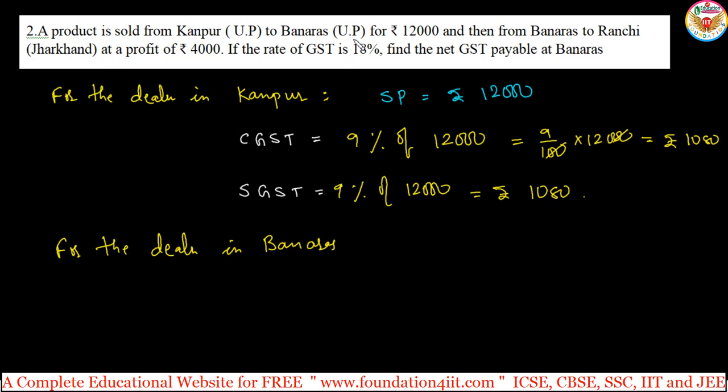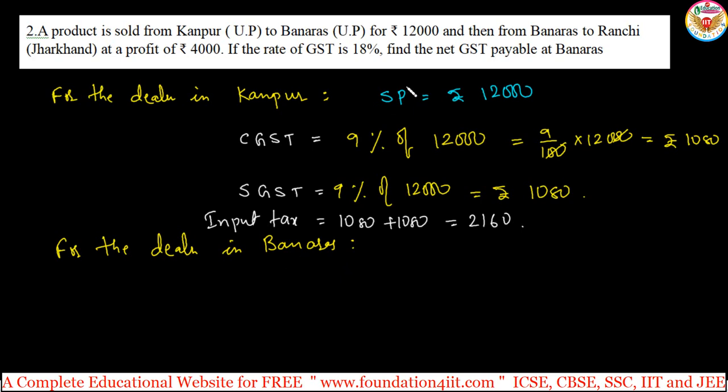Two different states, so this is an interstate transaction. In this case the input tax credit is both of the previous, 1080 plus 1080 together is 2160.